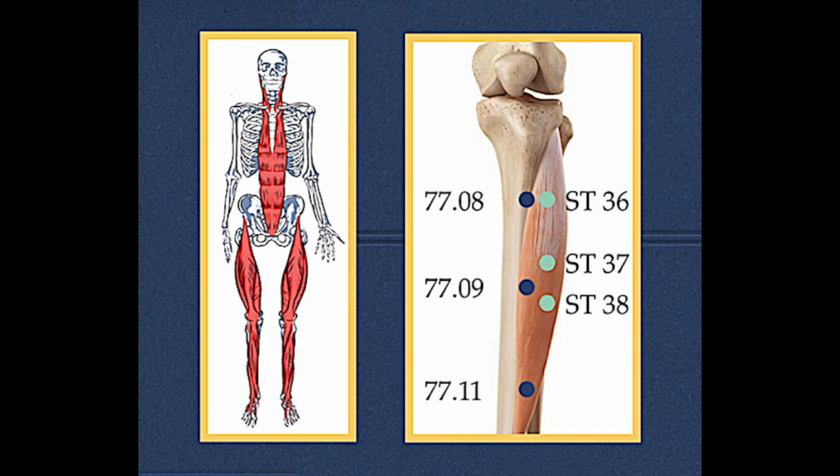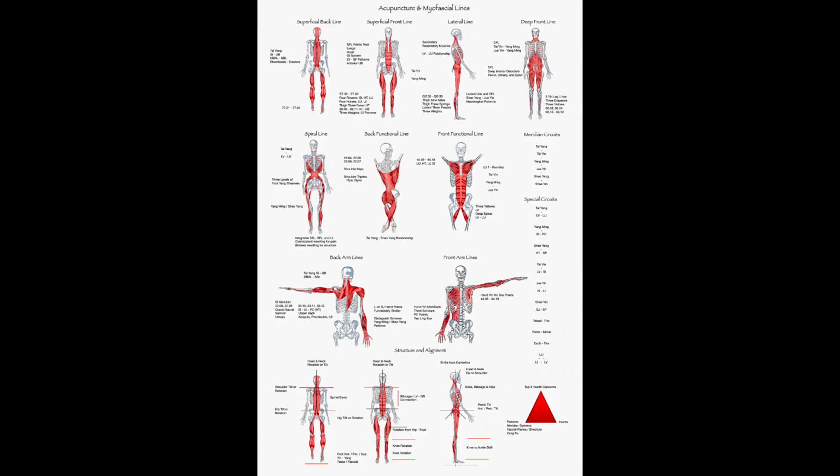Similarly, we can needle points on the stomach meridian in the lower leg, and that's going to affect the internal organs, the spleen in the stomach, and other organs as well. So we have this idea that we can needle a meridian to affect the other end of the meridian, so the distal end of the meridian, as well as the internal organs that relate to that.